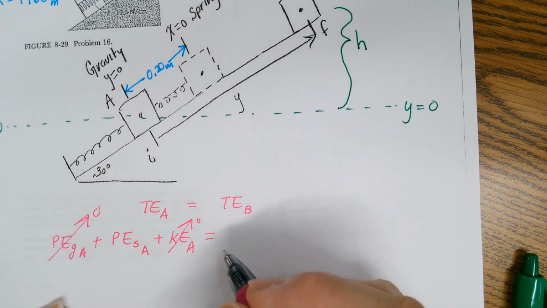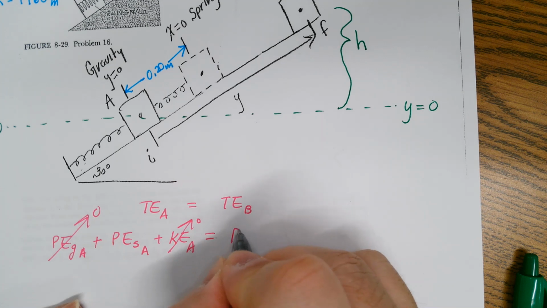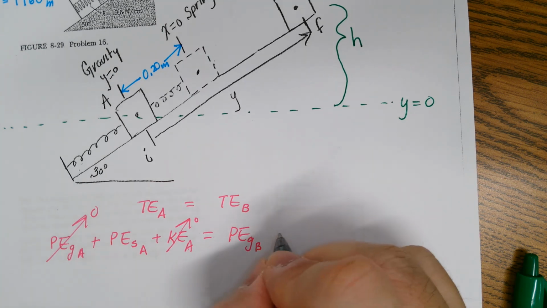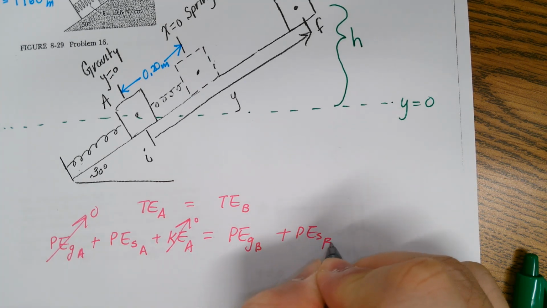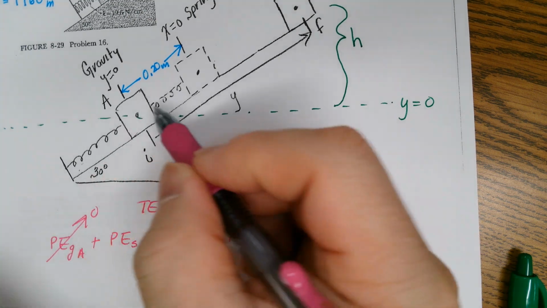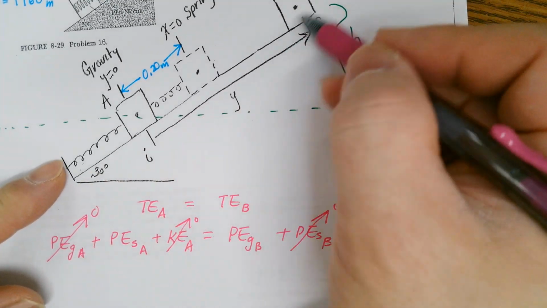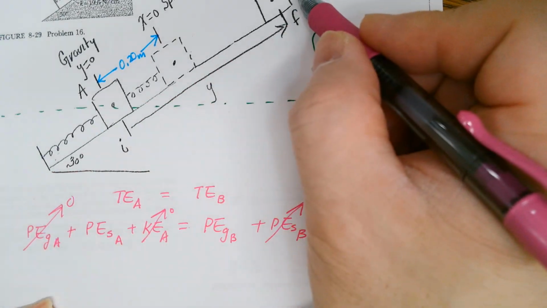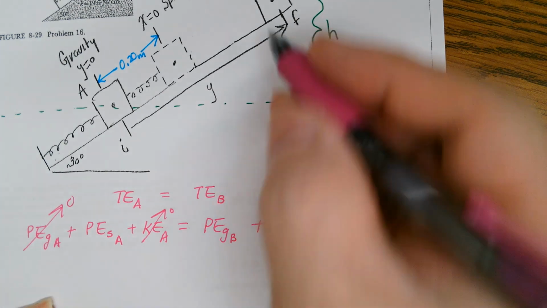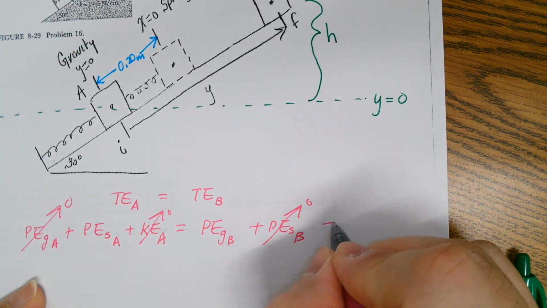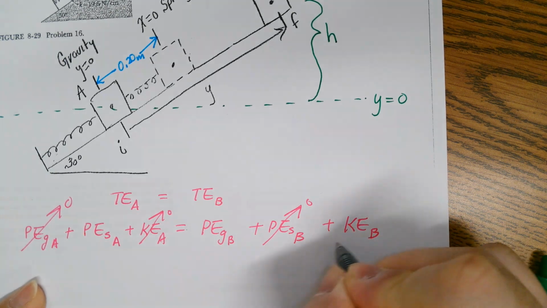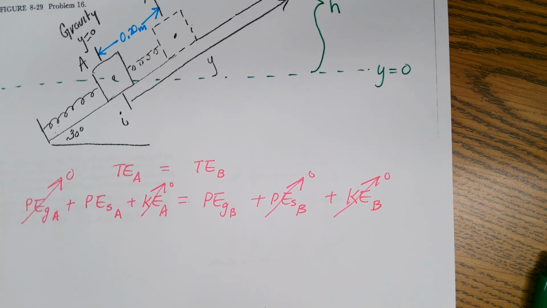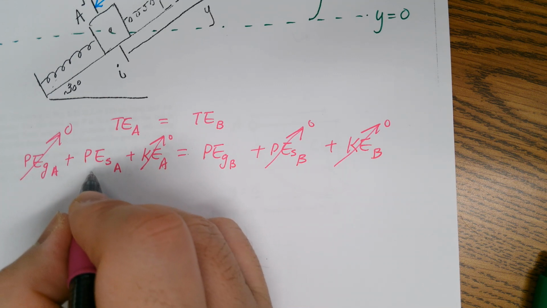Now at B, I definitely have gravitational potential energy at B. Potential energy of the spring at B doesn't exist because the spring doesn't come into play. The spring is only going to launch it, but that's it. When it reaches the maximum height here, what happens? It stops. So the kinetic energy at B is also equal to 0. Therefore, we can actually start working on this.